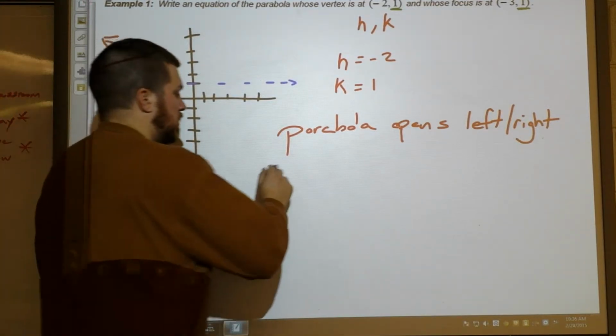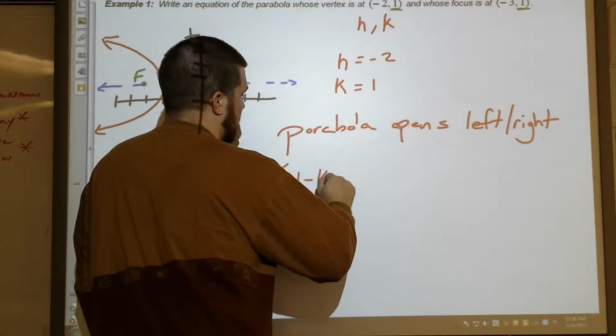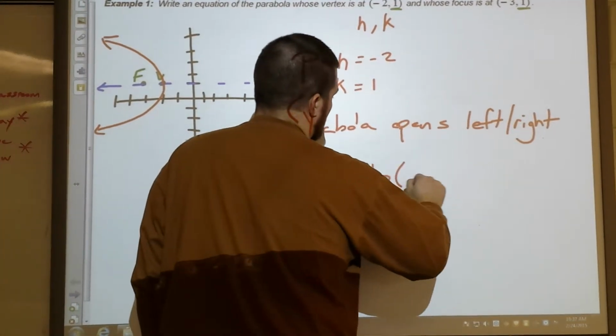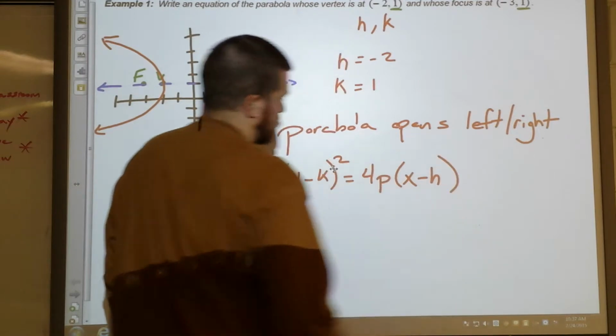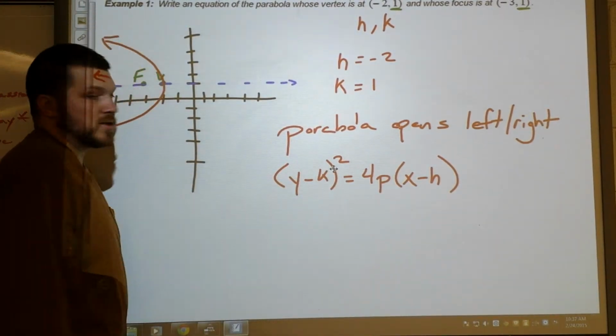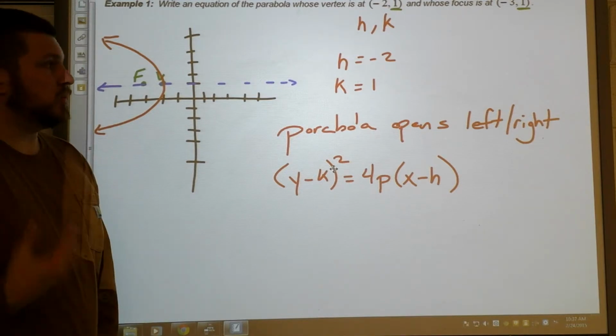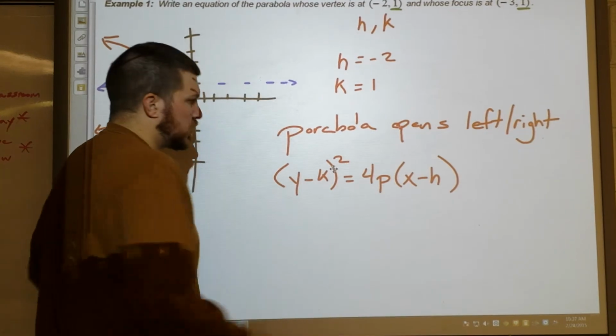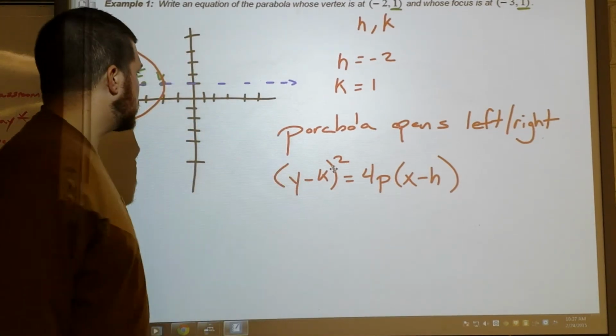It's going to be (y - k)^2 = 4p(x - h). What we need to do to create this equation now is to actually plug in our values for h and k, and then we're done. It's really that simple. The hardest part is figuring out which rule to use.